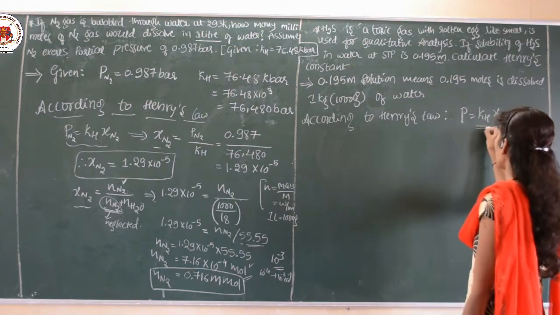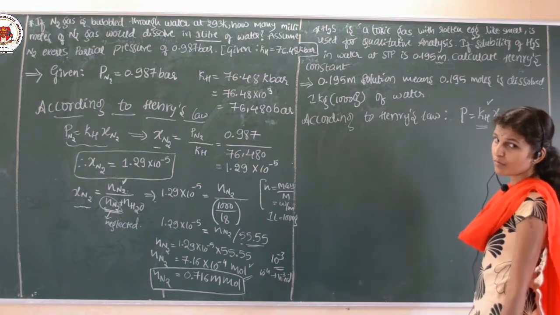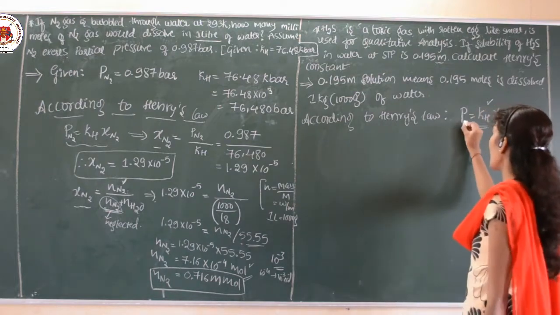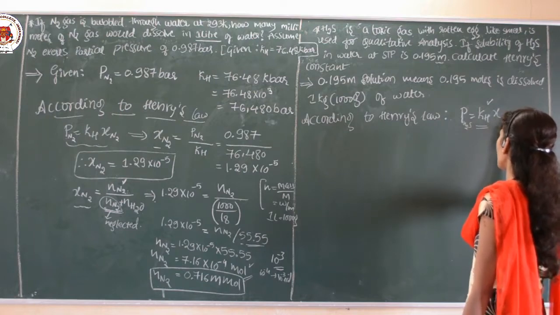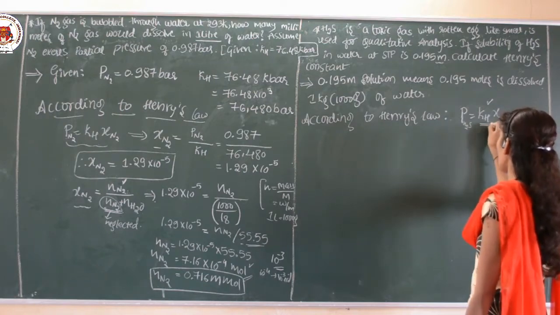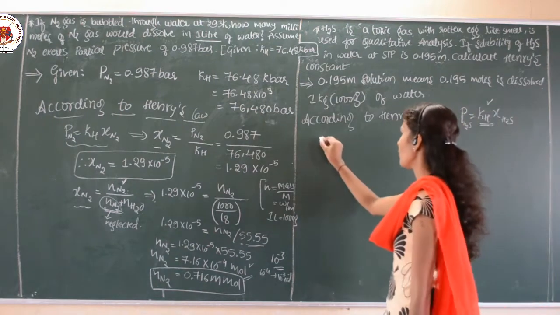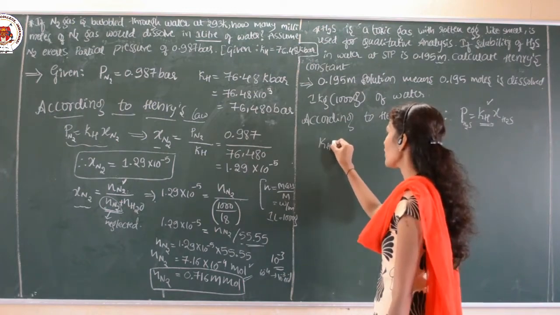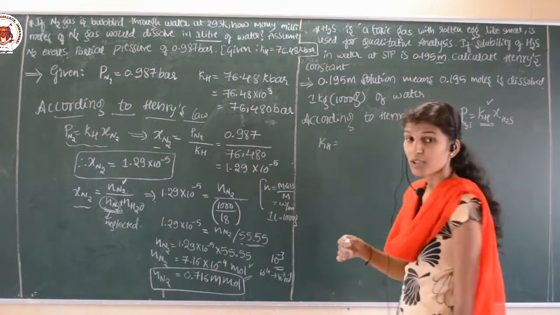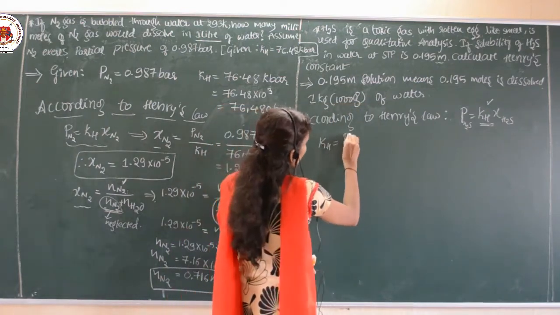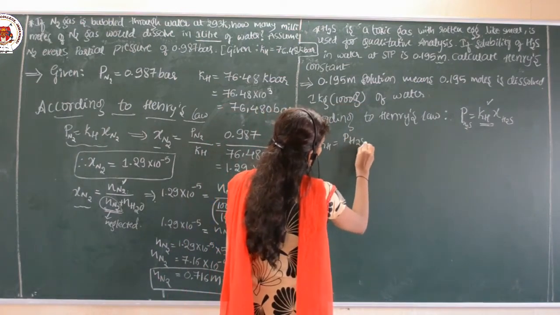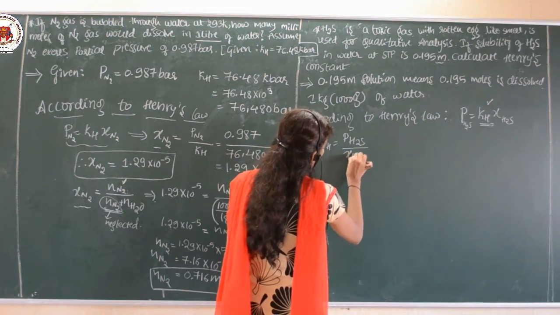We need to find out KH, and here they have given H2S gas. You can mention this term. Okay. Now, what is the value of KH? KH is equals to PH2S divided by XH2S.